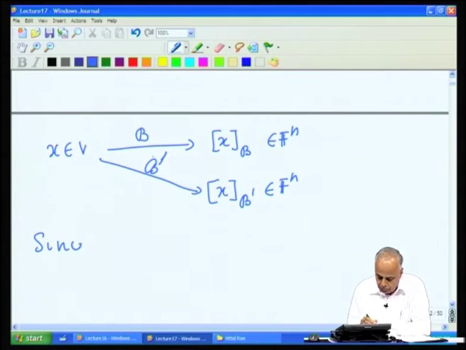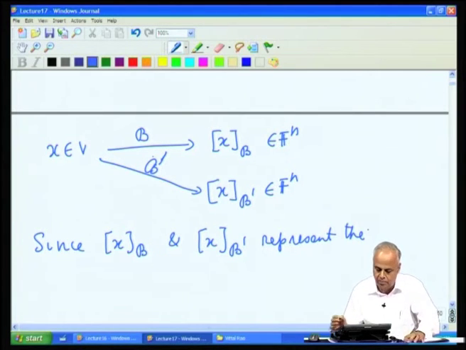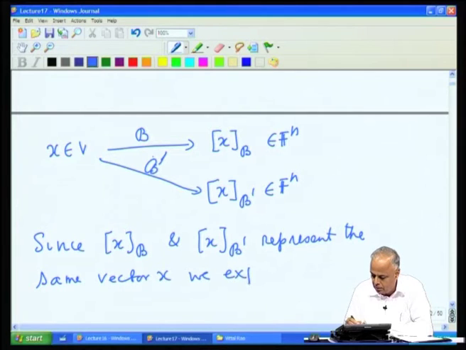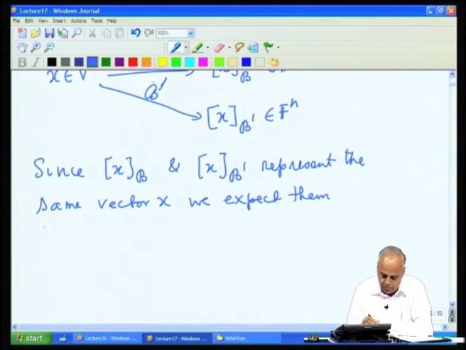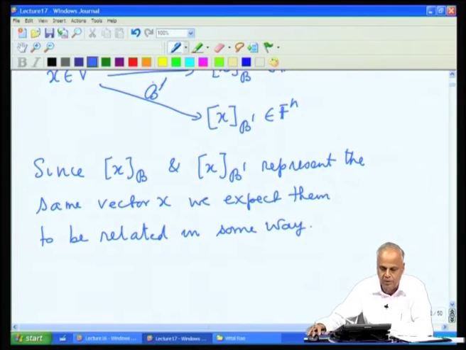Since xb and xb prime represent the same vector x, we expect them to be related in some way, an algebraic relation, because everything is algebra here.